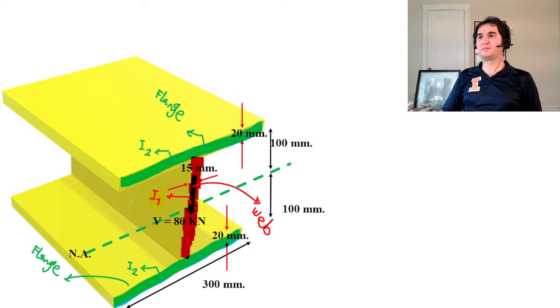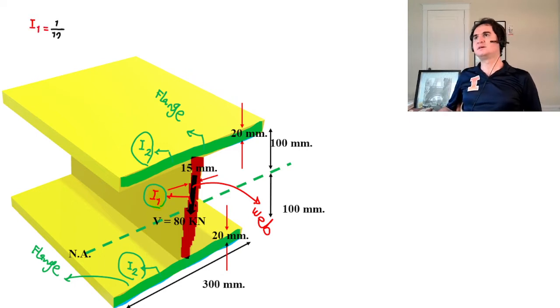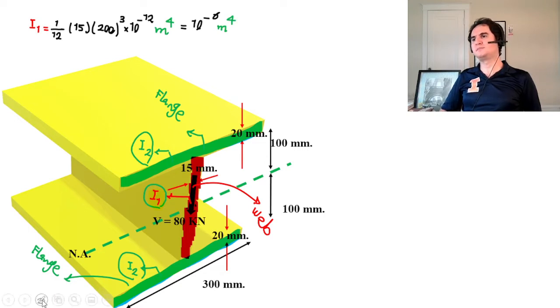So my assembly consists of the web, which has I1, and two flanges at the top and the bottom, which go by 2I2. If I want to calculate the moment of inertia, I1 is a rectangle, 1/12 base times height cubed, and the total height for the web is 200 millimeters, and the thickness of the web is provided as 15 millimeters.